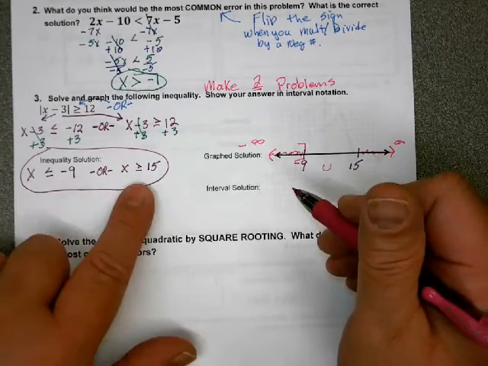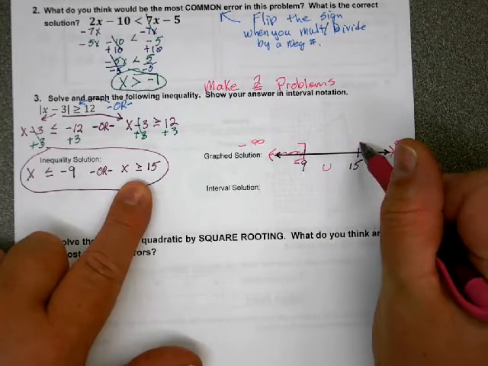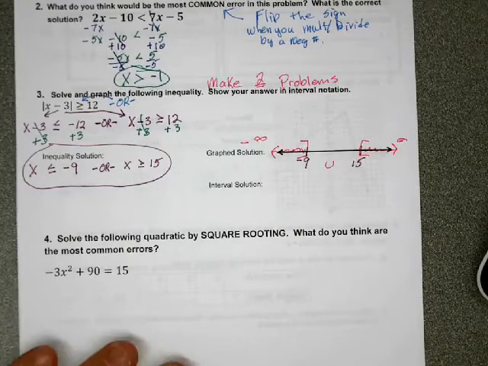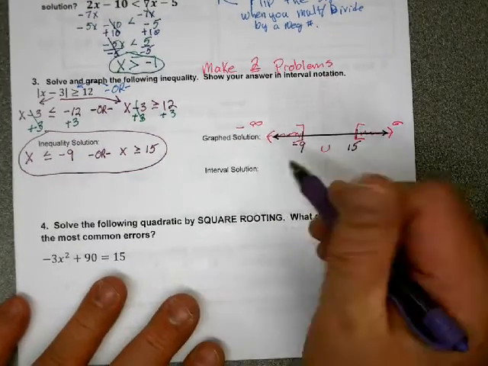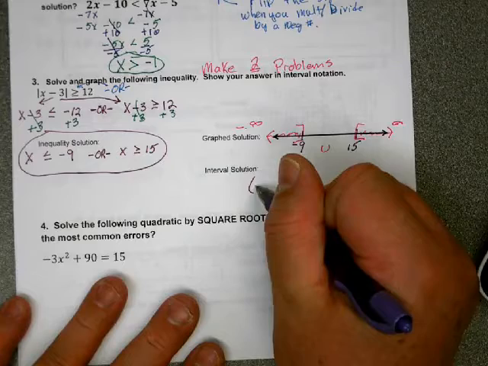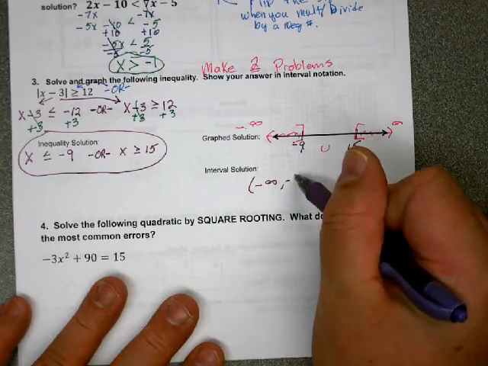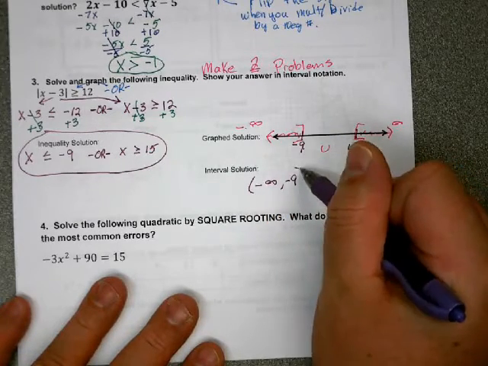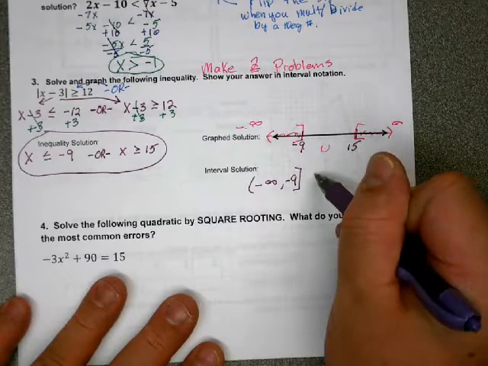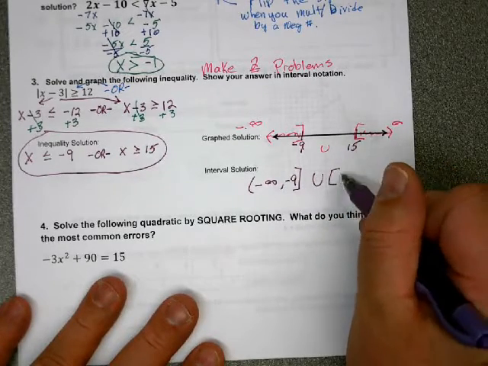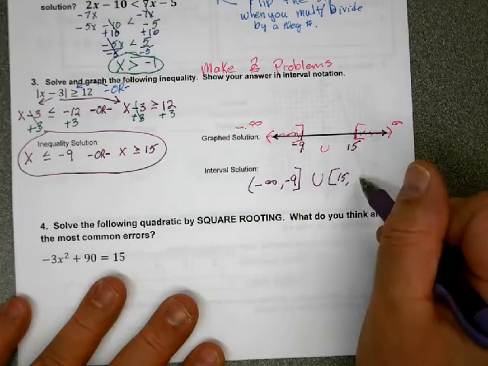Same thing with the 15, it has an equal sign, so that gets a bracket. So my notation: negative infinity always gets a parenthesis, to negative 9. Negative 9 has a bracket. My union symbol, bracket, 15, and it goes out to positive infinity.